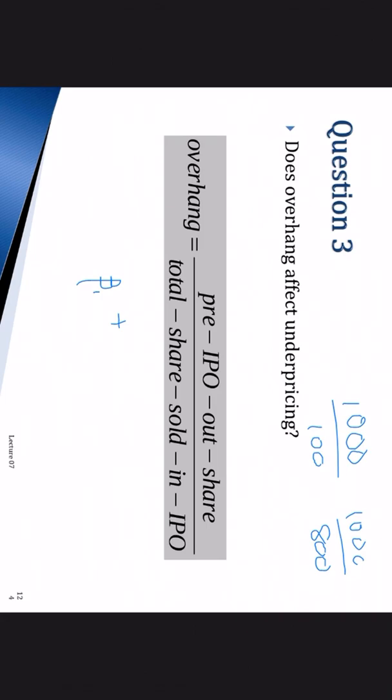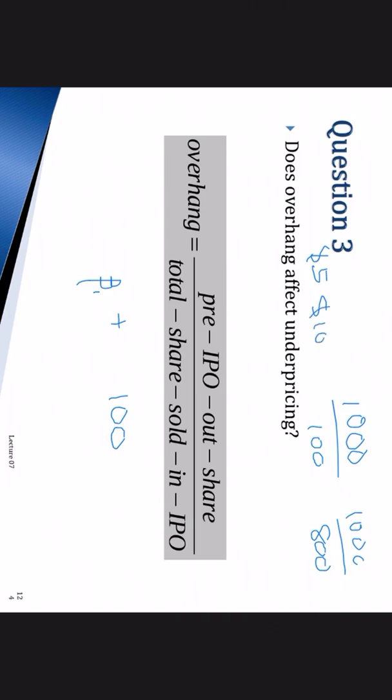Now, how to explain the relationship? Think about the first situation. If you are selling 100 shares, we talk about a concept called money left on the table. Okay, for these 100 shares, maybe the stock price increased from $5 to $10.